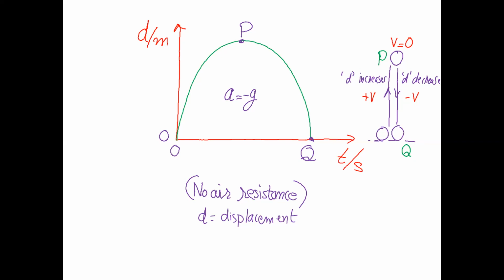Okay, so we have thrown a ball upward and it reaches the maximum height where the velocity has become zero.